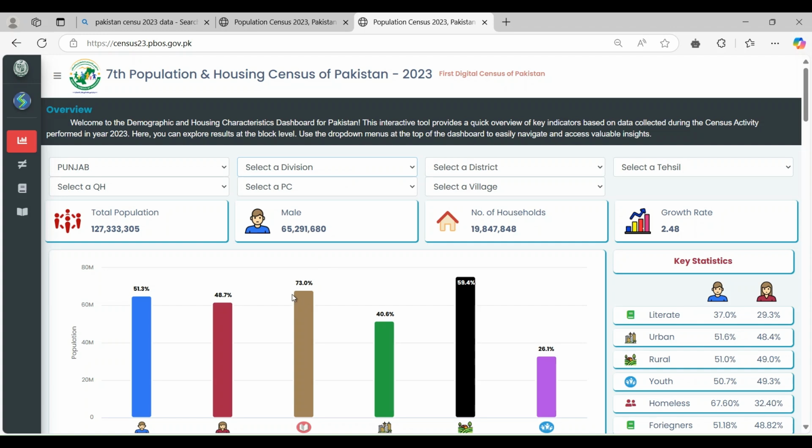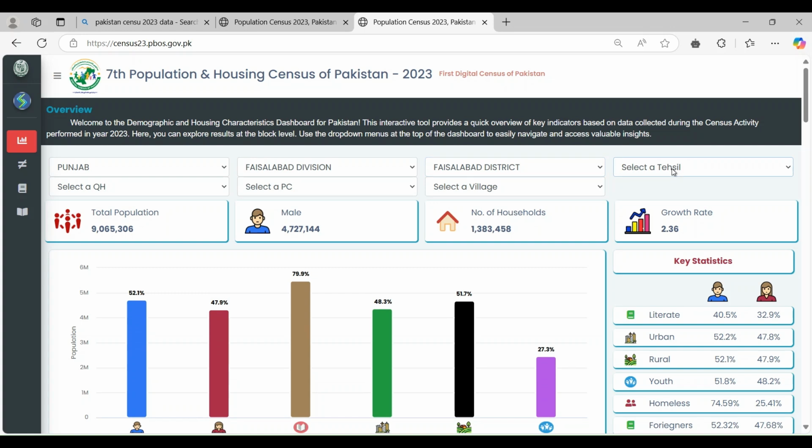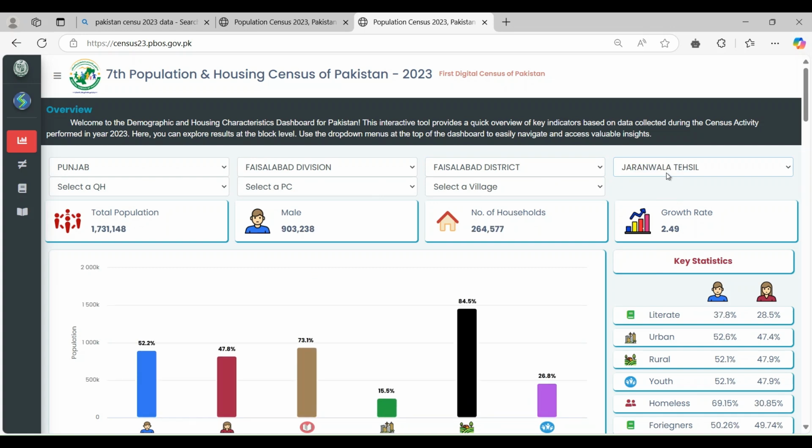Within the divisions we have certain districts, and then within the districts we have a further classification at the tehsil level. So these are the first four tiers, which most people are very much familiar with.